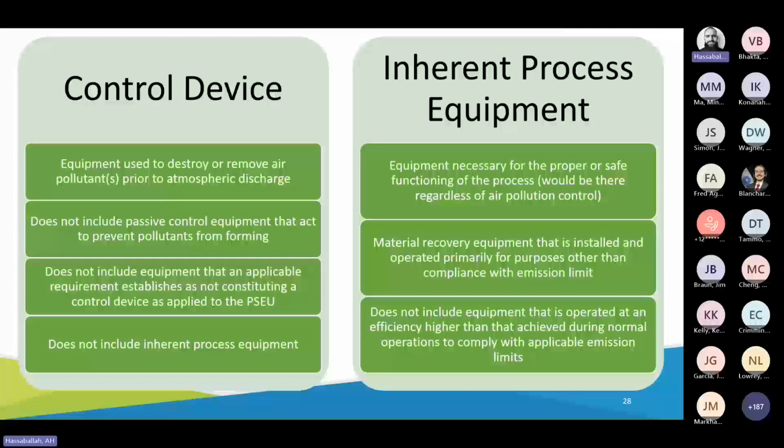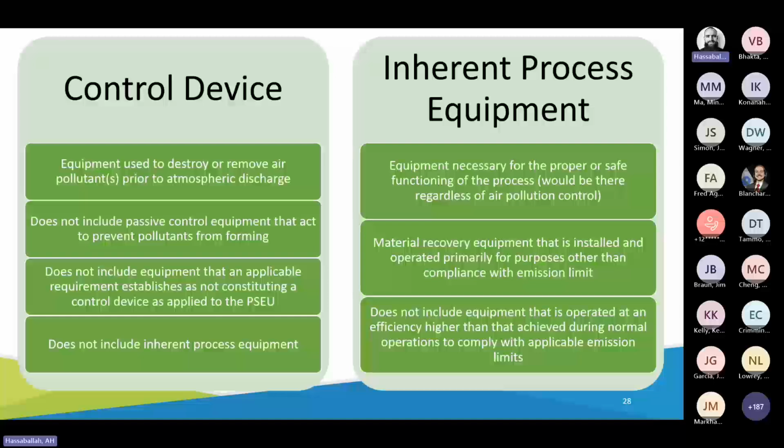Okay, this slide puts it side-by-side comparison of control devices and inherent process equipment. We just defined control devices in the previous slide, and the point worth stressing here is that the CAM rule requires or is based on the use of a control device.